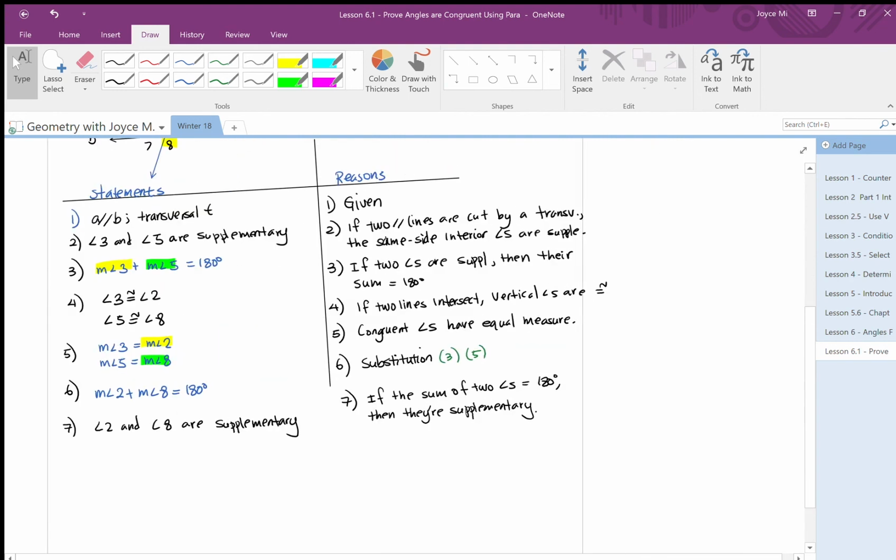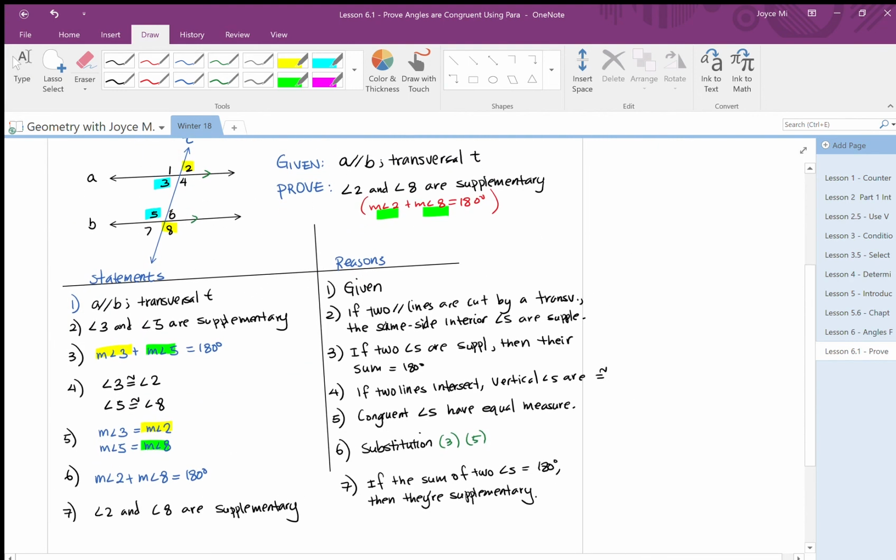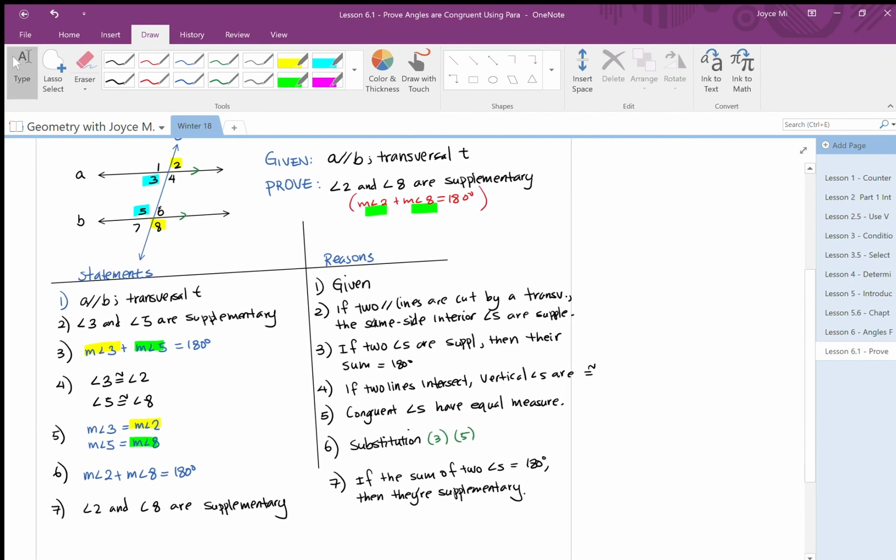Let me zoom in a little bit so you see the whole thing. So before you do any proof, a reminder: always make a plan, make a roadmap of how you get there. It's okay to draw on scratch paper, make a plan to see exactly what you need to do for each step before you actually do it. In this proof, I'm using same side interior angles supplementary to help me prove it.